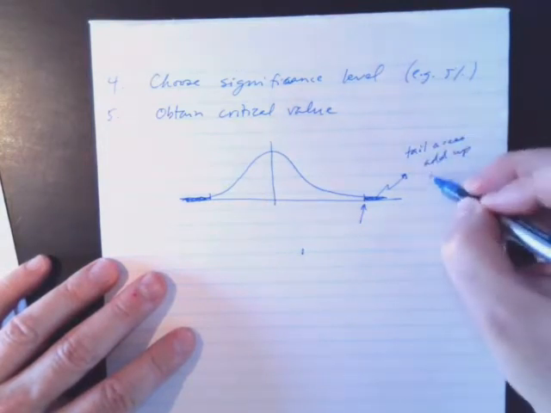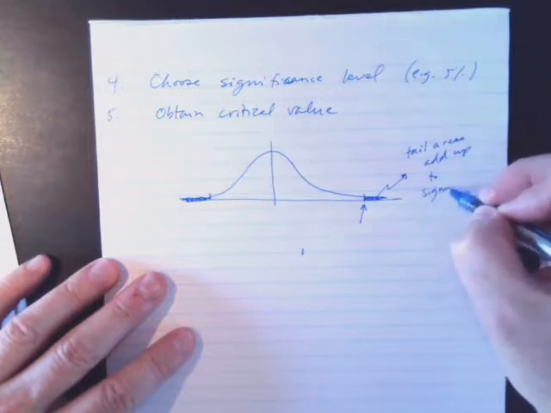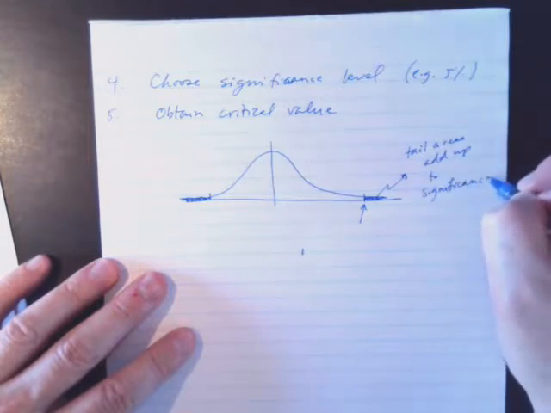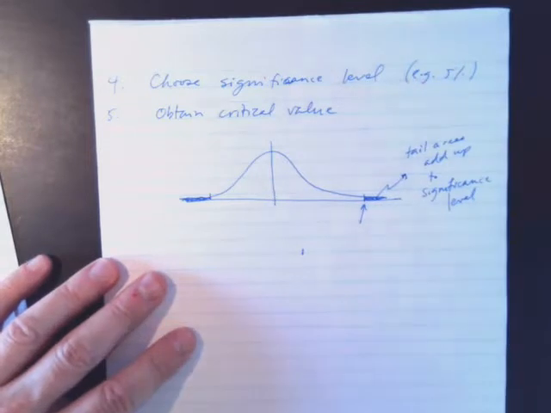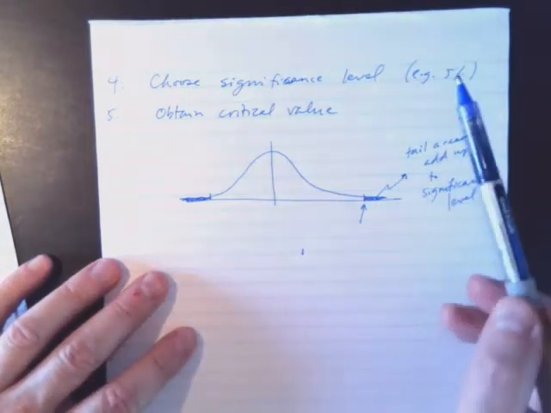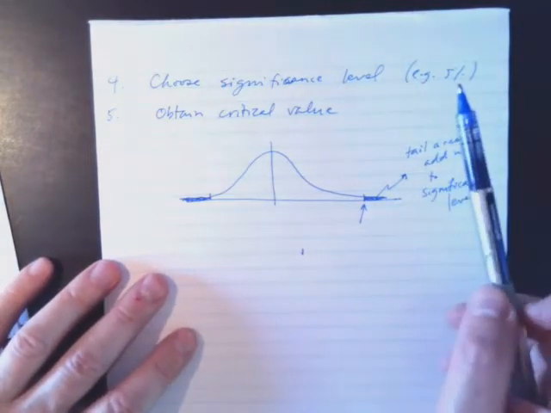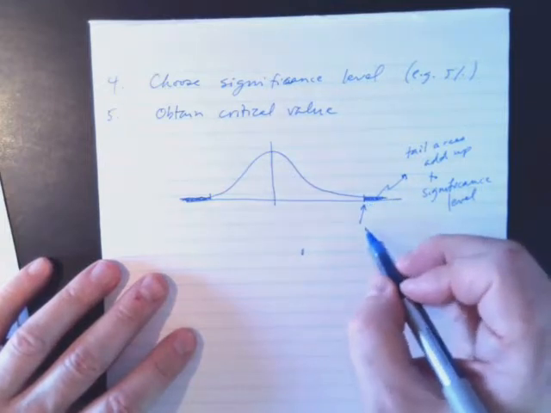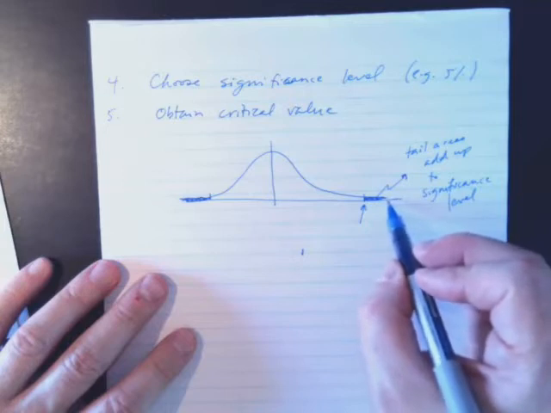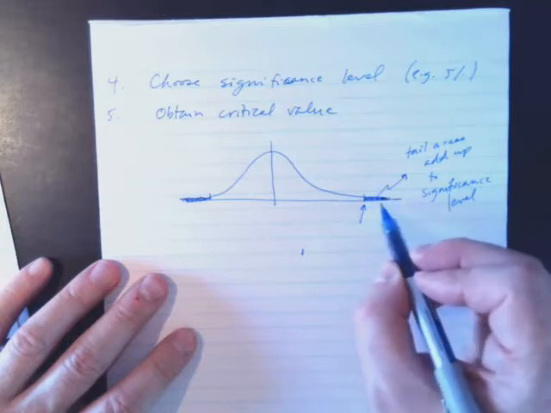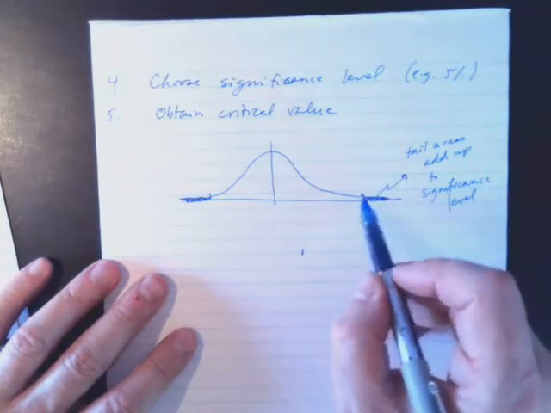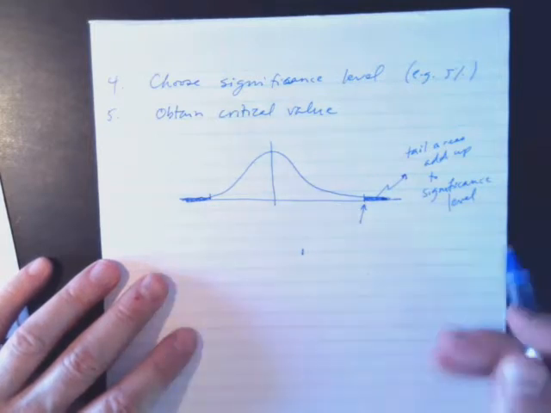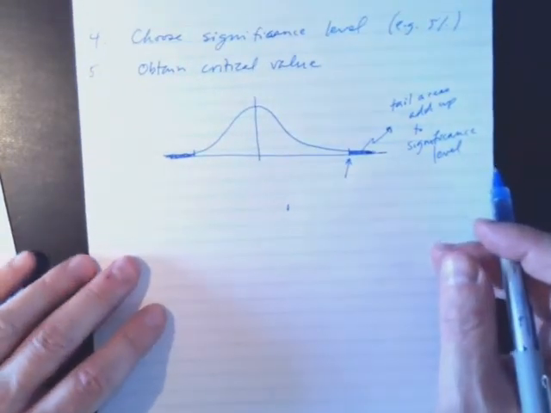So if you're using a 5% significance level, then you're looking for the 2.5% critical value for the upper tail, and there'll be a corresponding 2.5% critical value for the lower tail.